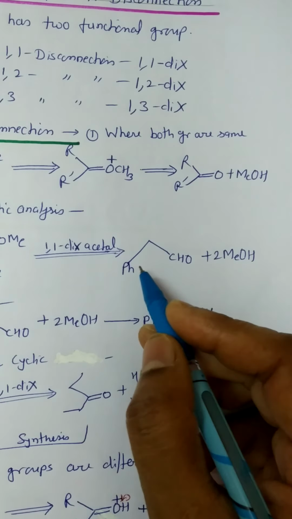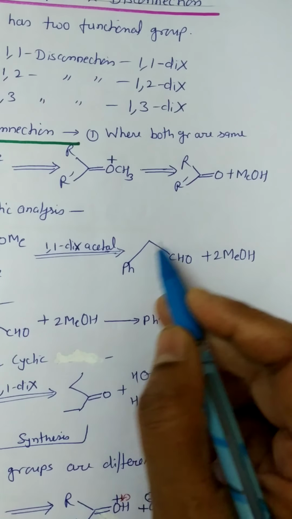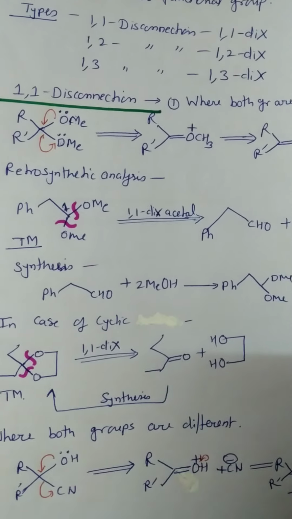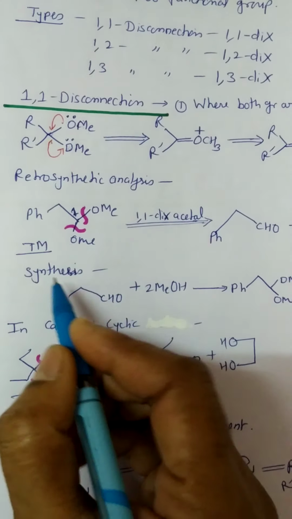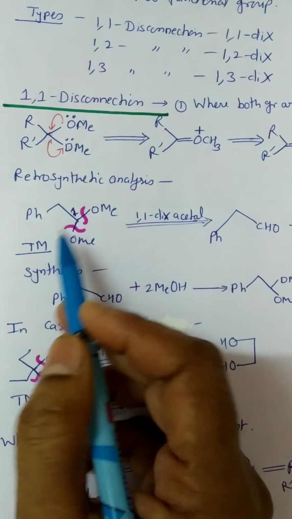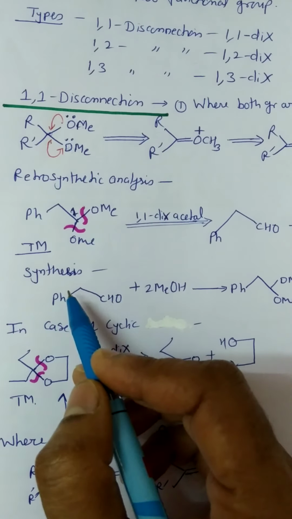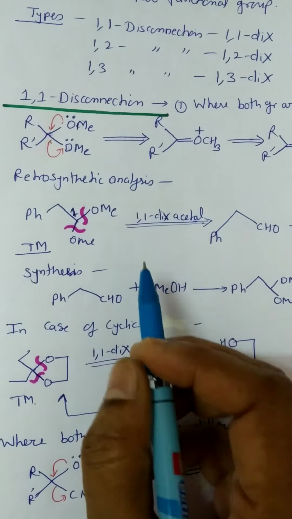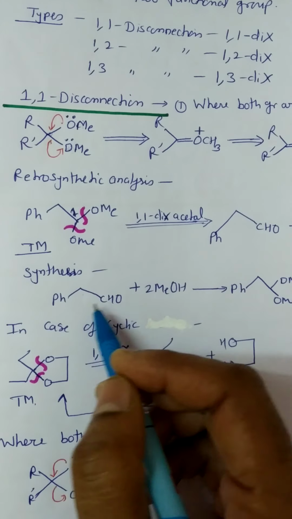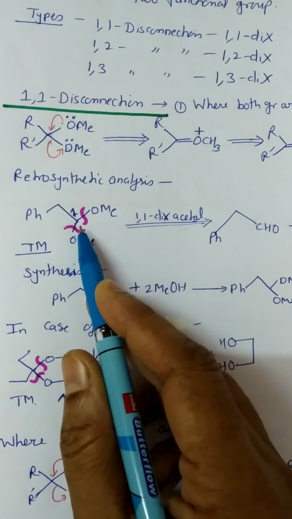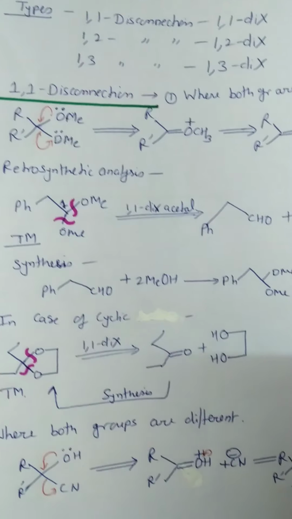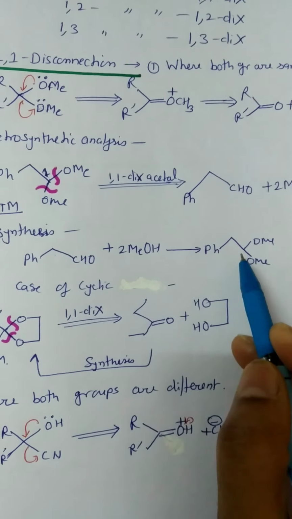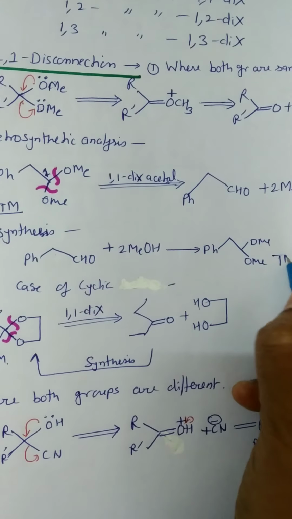Here after disconnection, one is the aldehyde and one is the alcohol. Now the synthesis of this target molecule can be achieved by combining these two compounds obtained after the disconnection, and by adding aldehyde with alcohol, we get the target molecule.